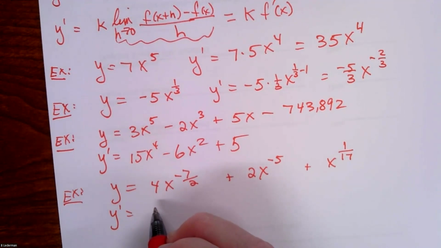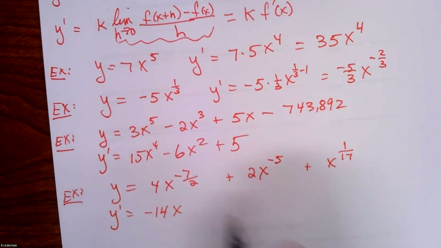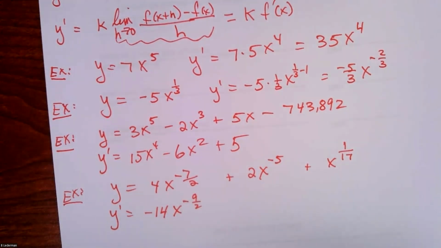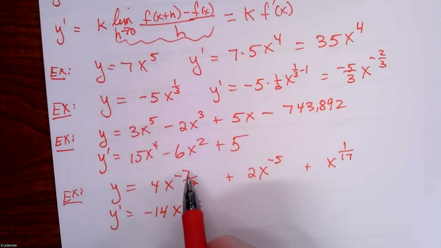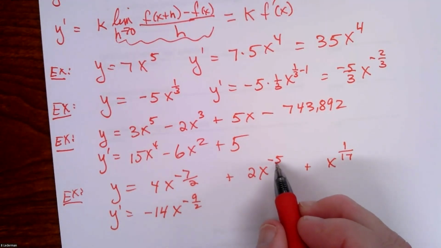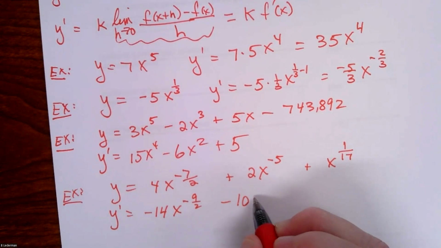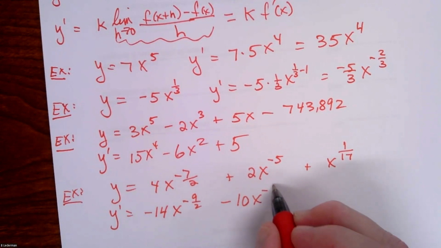That's just going to be, well, negative 14 x to the negative 9 over 2. How do I get 9 over 2? Well, negative 7 over 2 minus 1 is negative 9 over 2. Now here, I'm going to multiply the negative 5 times the 2. So it's going to be minus 10 times x to the negative 6.